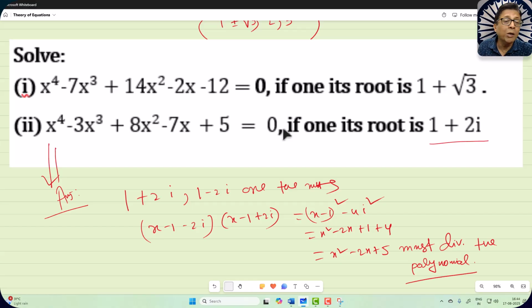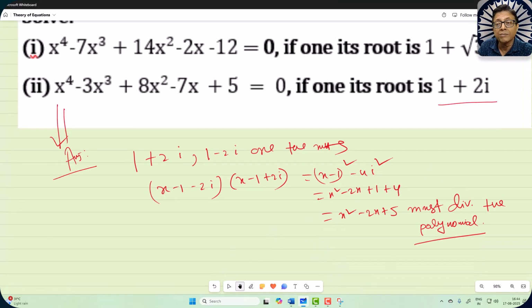If it cannot divide with zero remainder, then the statement given in the sum is wrong. Again you have to go by long division. I'll be doing it and then share with you. You'll divide this fourth degree polynomial by x square minus 2x plus 5.